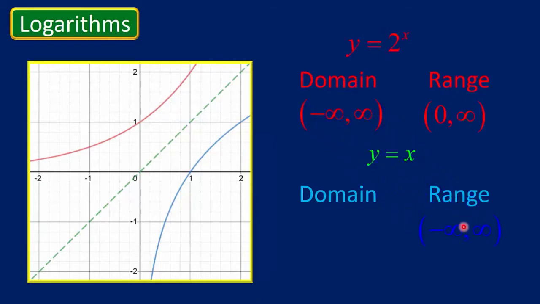So the range is going to be negative infinity to infinity. And sure enough, look at this little blue curve here. It goes down forever and up forever. Negative infinity to infinity. Now its domain is going to be like the range of 2 to the x. So this one is going to start at 0, but not at 0. It's going to go from 0 to infinity, not including 0, and that will be the domain.